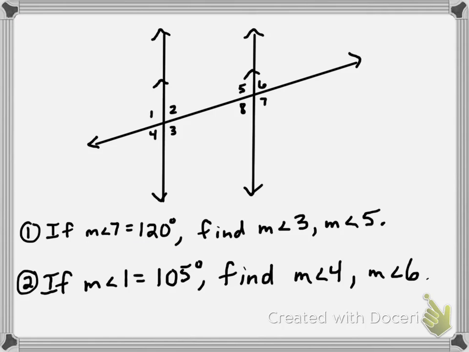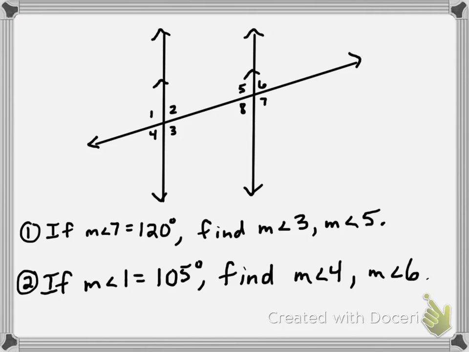Okay? Now, first thing I want to note is these are 2 totally separate problems, so they don't go together. So you can't look at 7 and 1 and say they should be the same because they're alternate exterior. Number 1 is a problem, and then number 2 is a totally separate problem. All right? But see if you can find the missing angles.